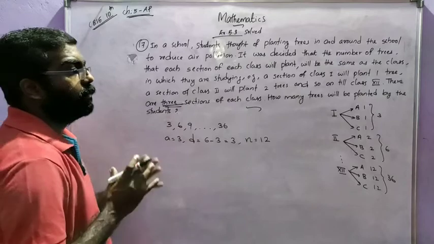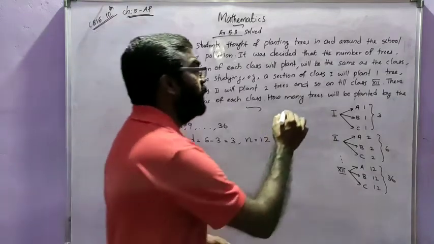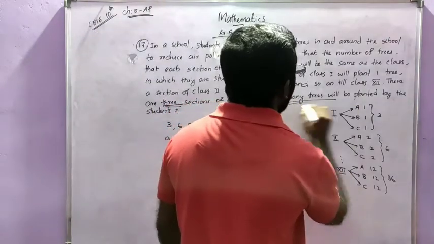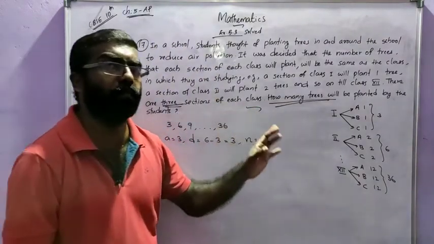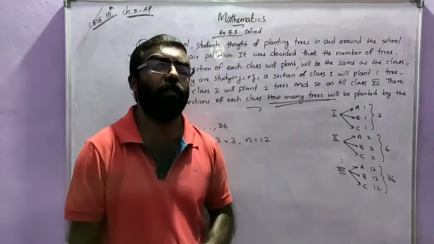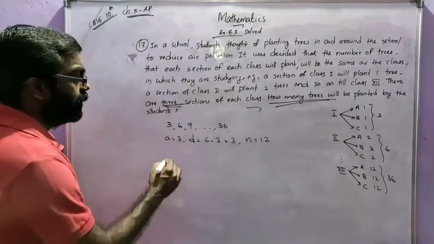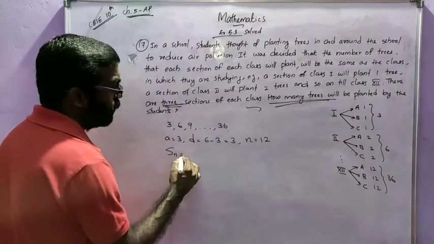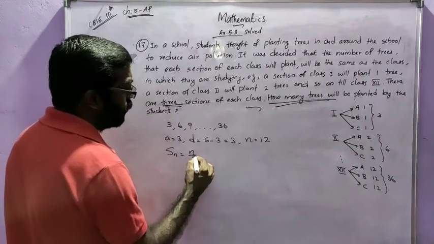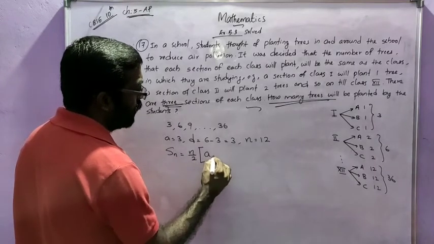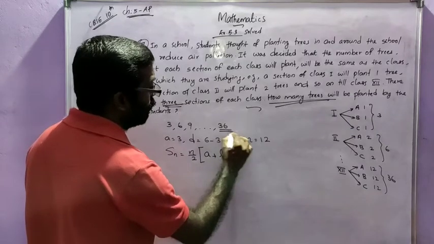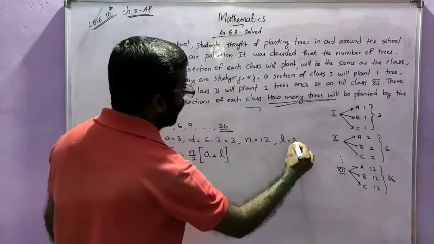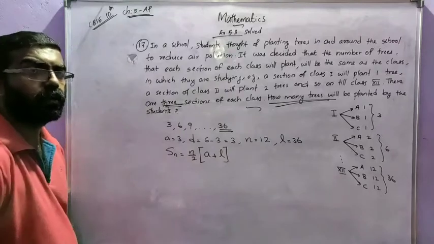Understood? And what we have to find out? We have to find how many trees will be planted by the students. That means the total number of trees, that means the sum. So Sn is equal to n by 2 into (a plus l), using the formula with the last term, which we know as l equal to 36.